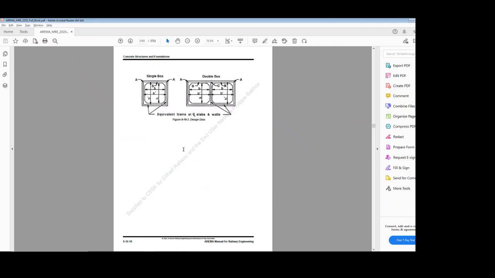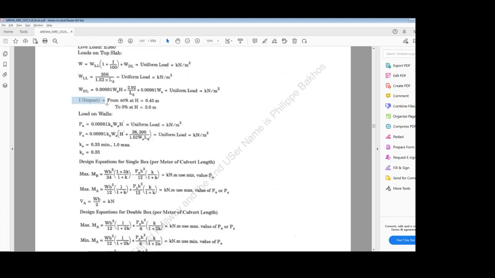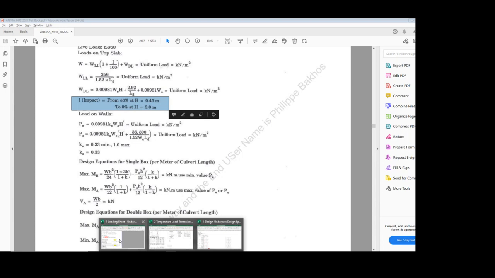The equation is given here for the percentage of impact. A maximum of 60% impact you have to consider when h is around 0.45 meter.